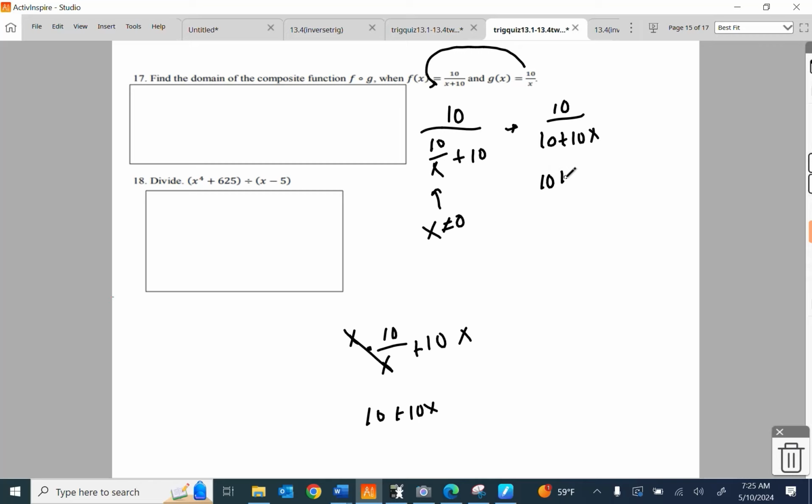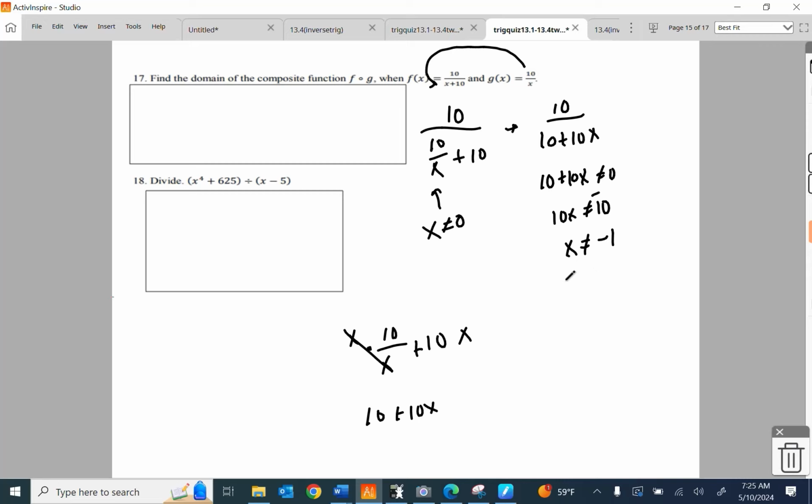I know that 10 plus 10x cannot be 0. So 10x cannot be negative 10, and x cannot be negative 1. So these are the two things I've learned: x can't be 0, x can't be negative 1. That's really all there is to it.